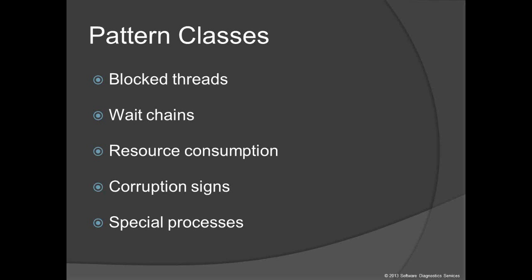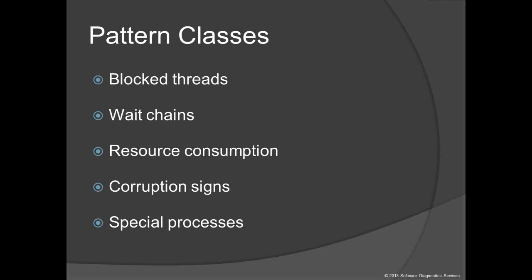Wait chains can include threads waiting for critical sections, executive resources, or involving inter-process communication mechanisms such as remote and local procedure calls, so-called IPC, LPC or ALPC mechanisms. Resource consumption can include kernel pool memory, CPU and handle usage.